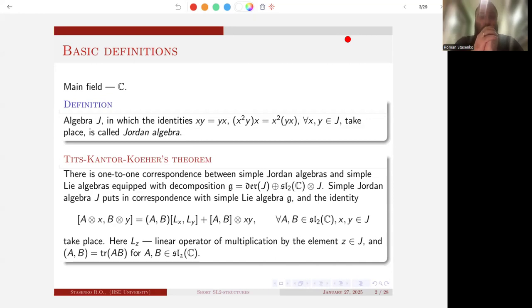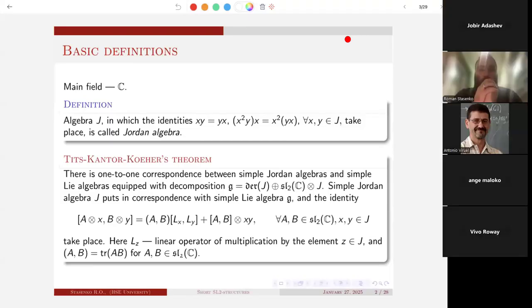One of the key definitions during my talk will be the definition of the Jordan algebra. A commutative algebra in which the following identity holds is called a Jordan algebra.